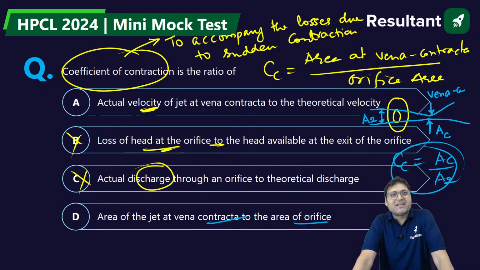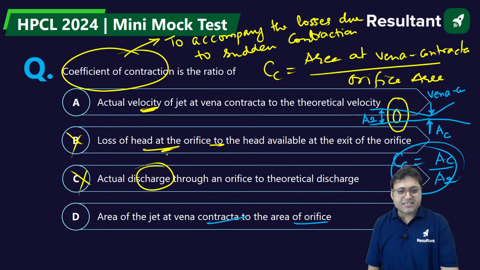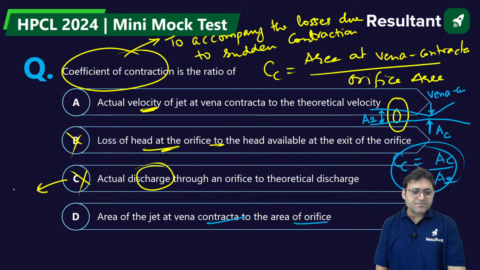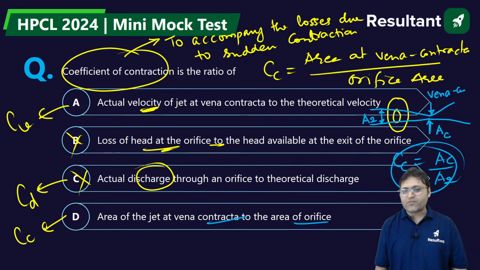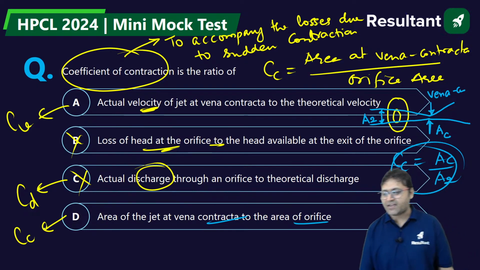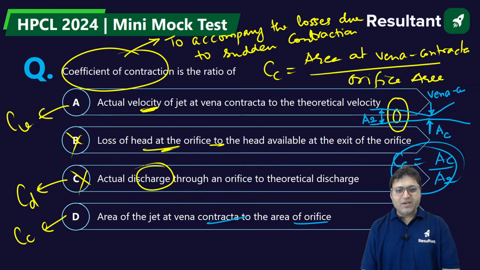The ratio of discharge is called coefficient of discharge, which is related with coefficient of velocity. This is called coefficient of contraction, right? Answer D is correct.